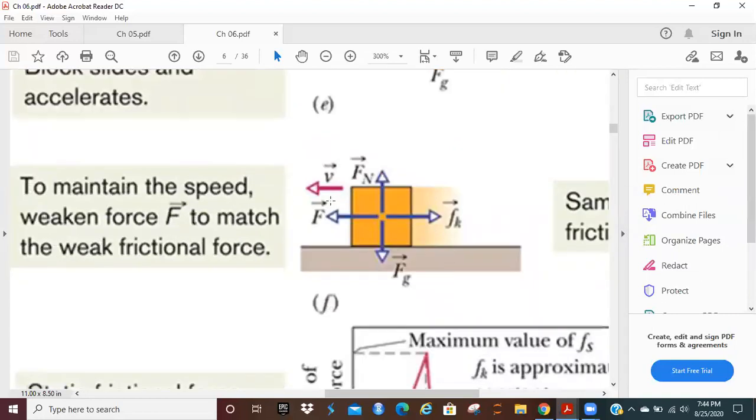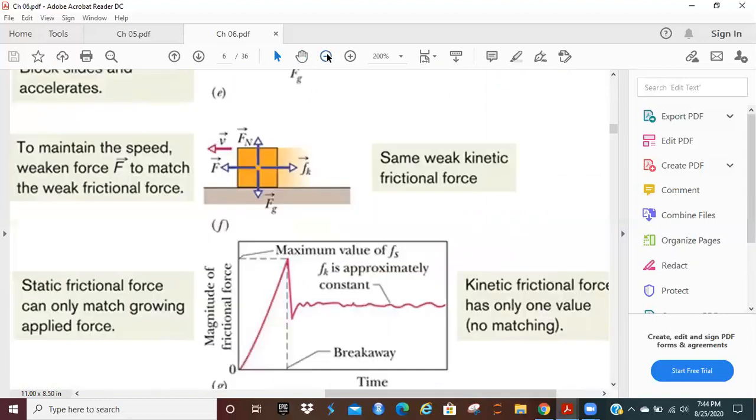So if we're going to have this thing continue to move at a constant speed, we're going to have to weaken this force such that it matches this. Again, even though those forces may be matched, that doesn't necessarily mean the object comes to a stop. It just means it's moving at a constant velocity.